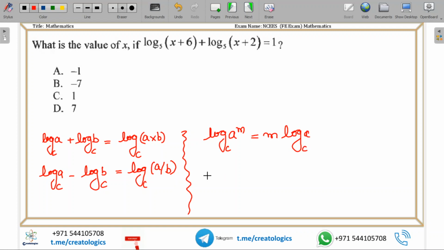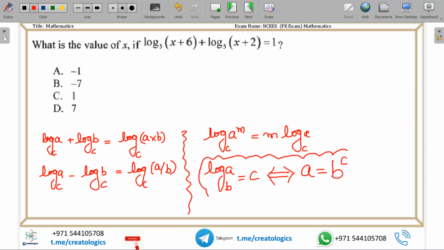Also, the definition of the logarithm says that log of a to the base b is equal to c, which means a is equal to b raised to the c. This is the definition, and the rest of the three are properties. Other properties are also there for the logarithm.